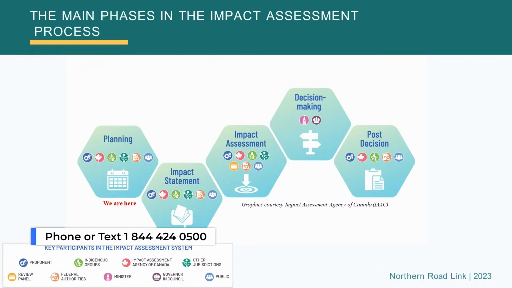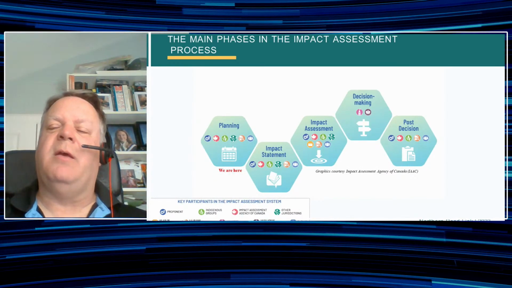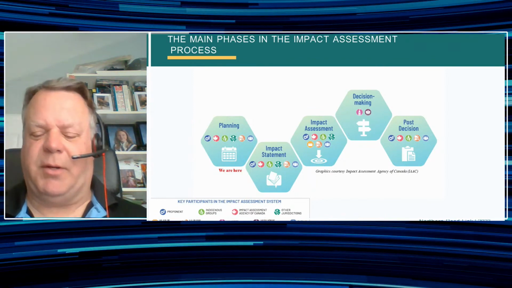Then there's the impact assessment phase, looking at impacts based on the statement. And then the decision-making phase, where IAC, the Impact Assessment Agency of Canada, does a review and makes decisions. And then there's a post-decision phase, which is about commitments and monitoring.